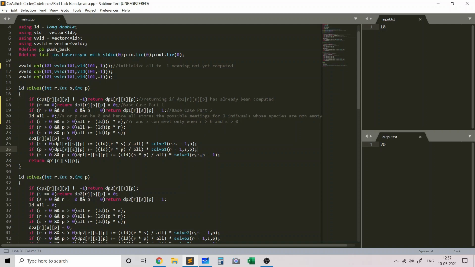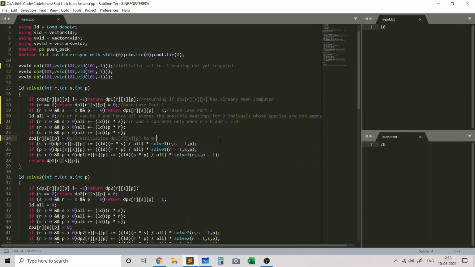Then we would also increment p into r if p is greater than 0 and r is greater than 0, and p into s if s is greater than 0 and p is greater than 0. Then we would reinitialize dp1 rsp to 0.